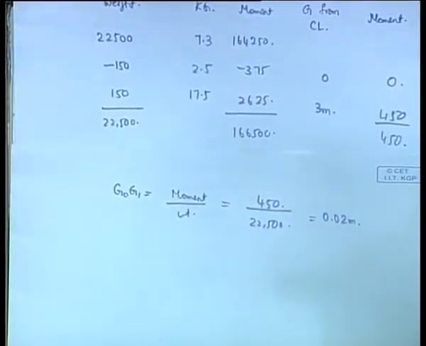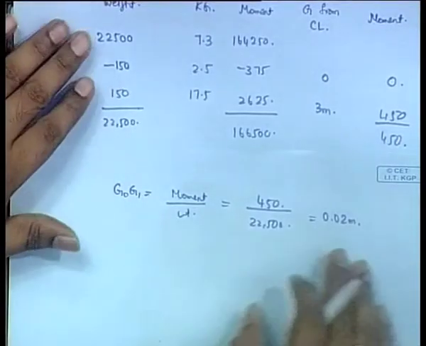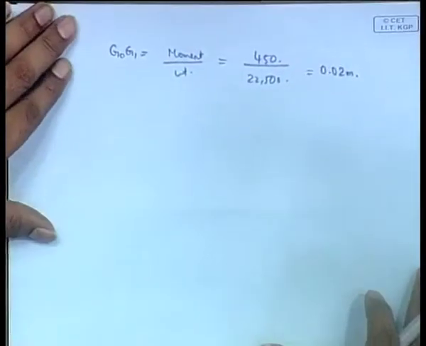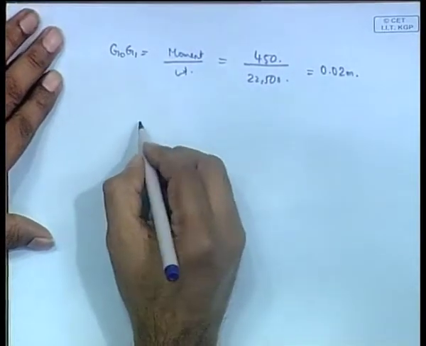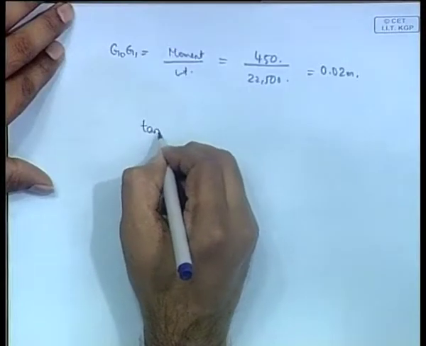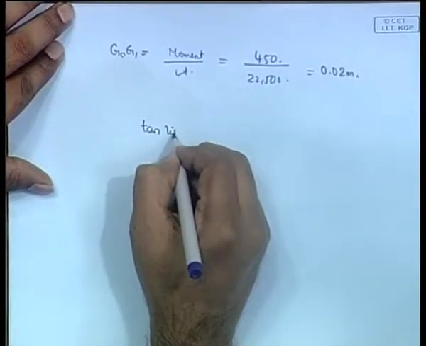So, this is the G0 G1 or the shift in the center of gravity of the ship as a result of this shift of weight. Now, if you just look back, there is a formula we have done for the particular case where a weight has been shifted from one side to another side and GM is 0, we derived an expression for tan of phi, or tan of that angle of list.